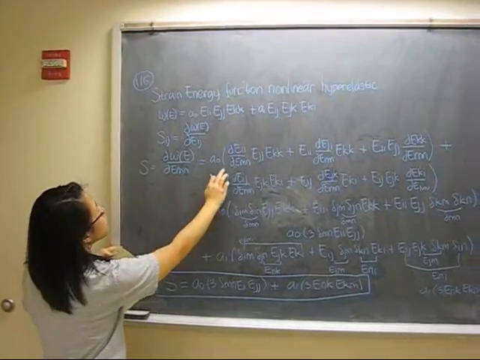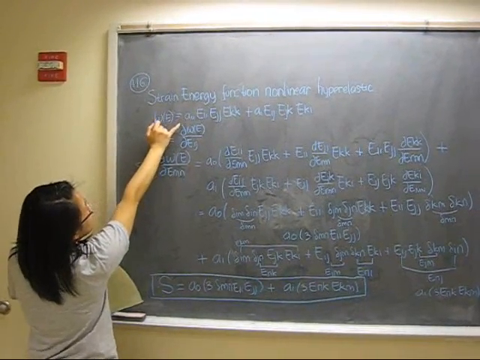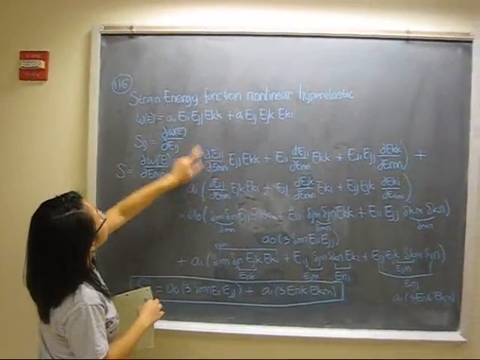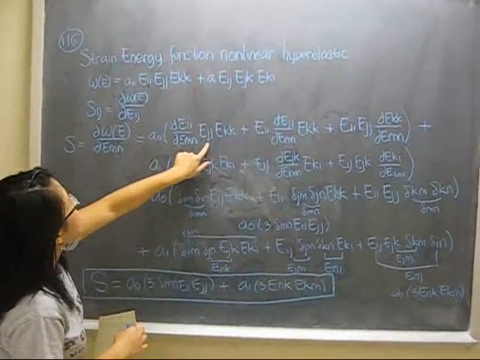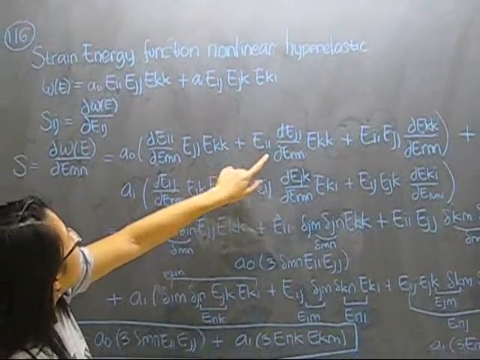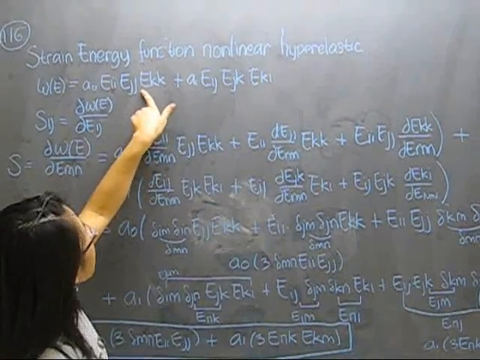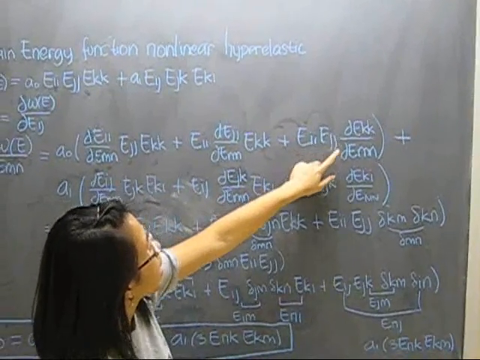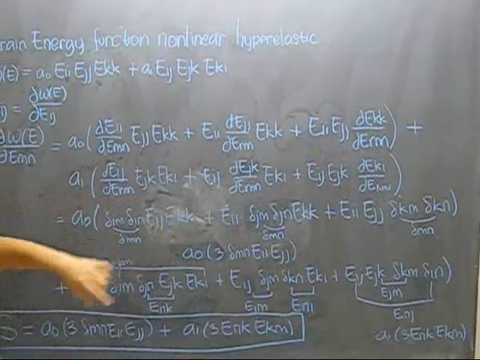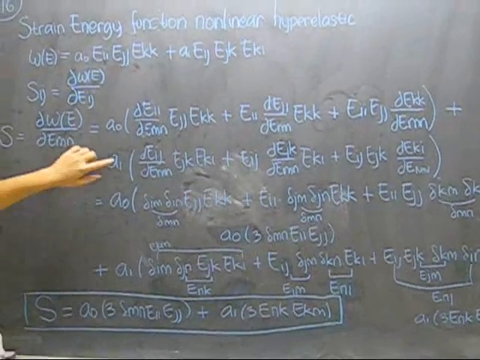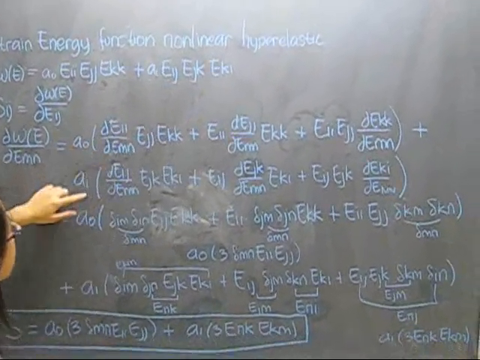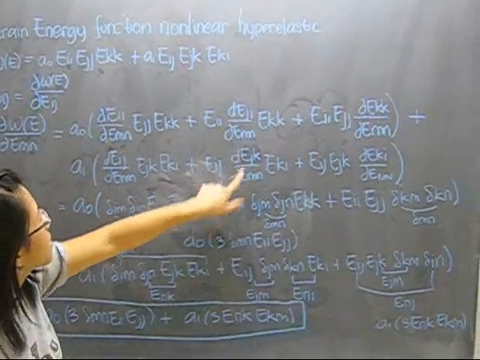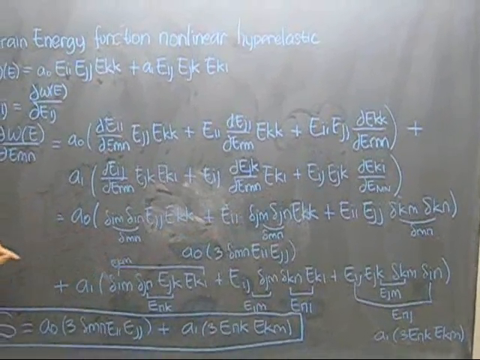So in the first part, we take the partial derivative with respect to E_MN of E_II, and then the same for E_JJ, and then E_KK. And then for the second part, the same thing, E_IJ, E_MN, and you can see here.